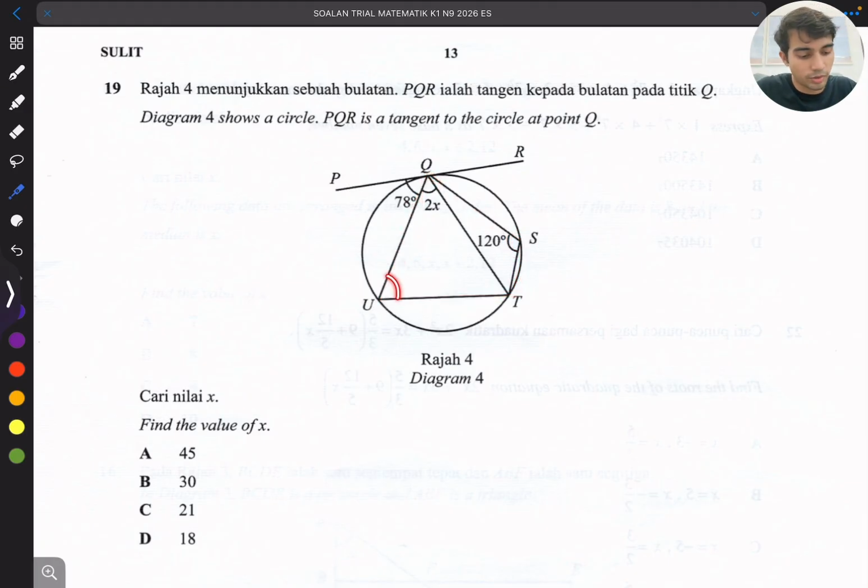That means the sum of this plus this is 180. So 180 minus this will get us this, 60. And then we can figure this one out. This angle and this angle will be the same. So this one will be 78.